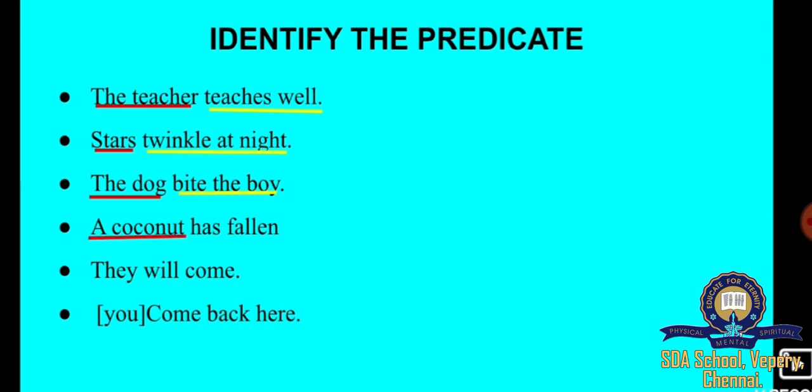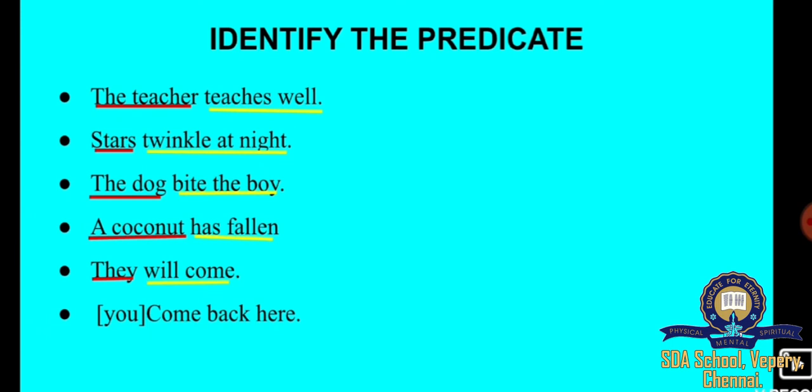A coconut, and so the remaining part is called the predicate. Has fallen is the predicate. And next sentence, they will come. Children, in this sentence, what is the subject? Yes, they is the subject, and so the remaining part, will come, is the predicate.